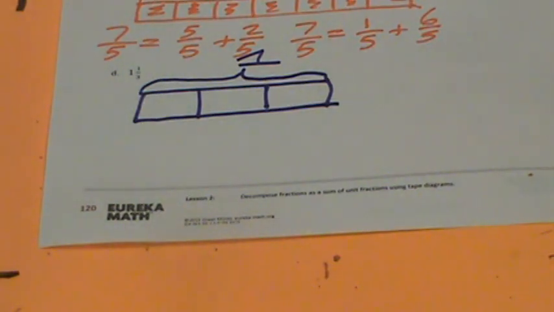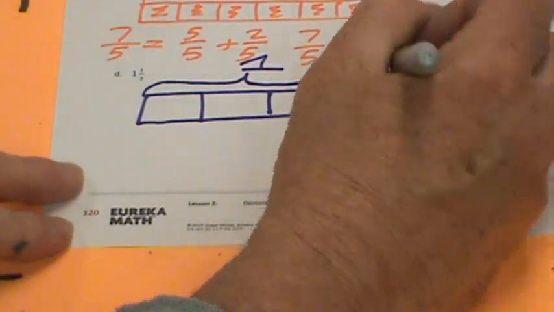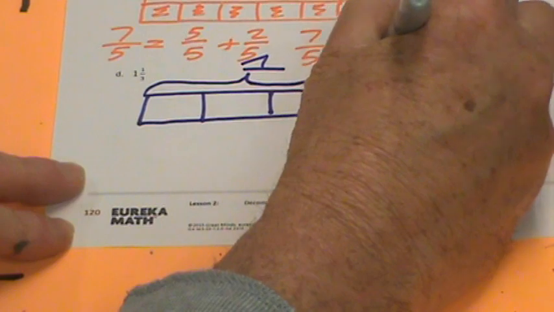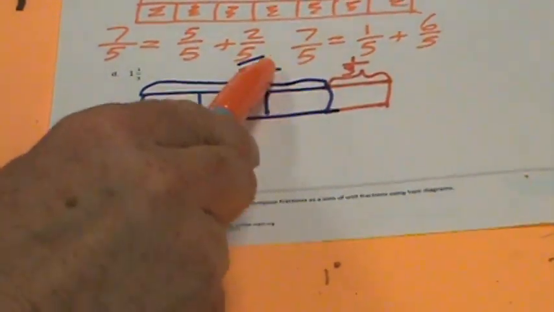Let's go with our extra third, because it's 1 and 1/3. And there's 1/3. So we have 1, 1/3, 2/3, 3/3, 1, plus 1/3 is 1 and 1/3.